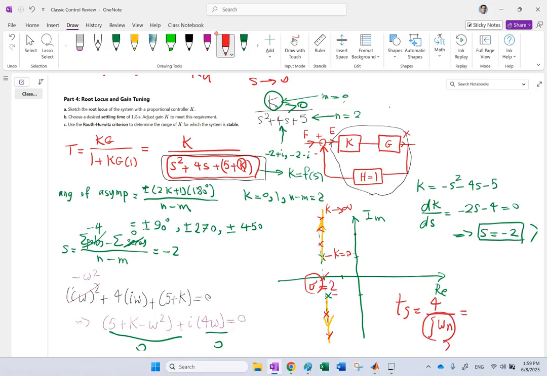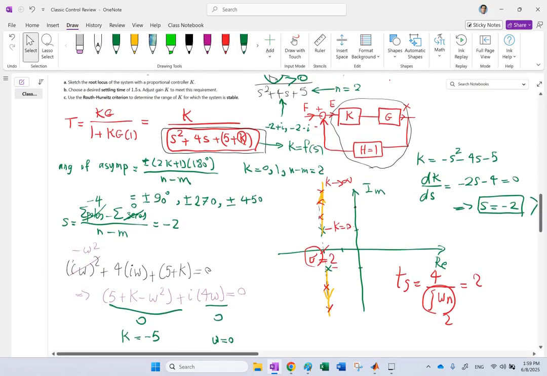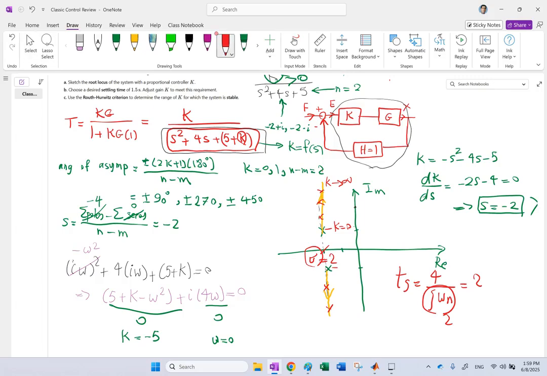And so your settling time in this system is going to stay at 2 all the time, regardless of what you do with k. It's not a possibility. There is no way in this system that you can set the settling time to any number other than 2. Okay, so the answer is, can I pick any gain? No, I cannot.